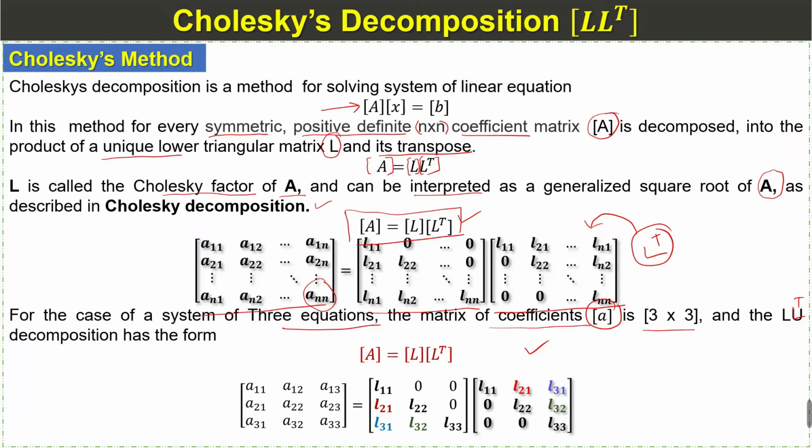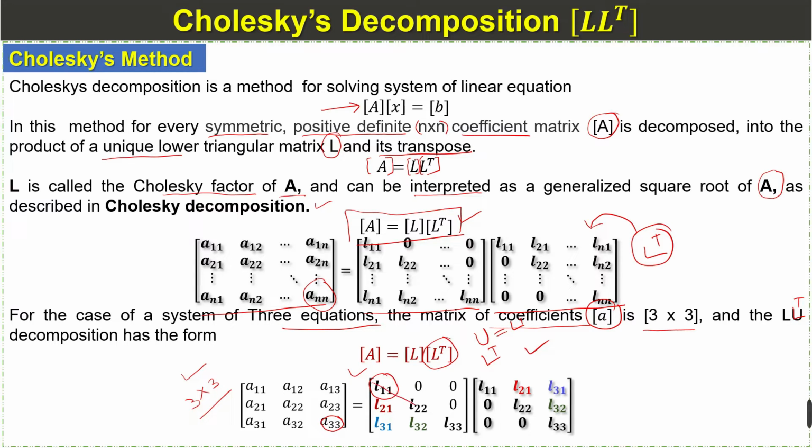This one we can also describe as the upper triangular matrix, which is equal to the transpose of the lower triangular matrix. We have the coefficient matrix of order 3 cross 3, with 3 rows and 3 columns, and we decompose it into the lower triangular matrix L and its transpose.